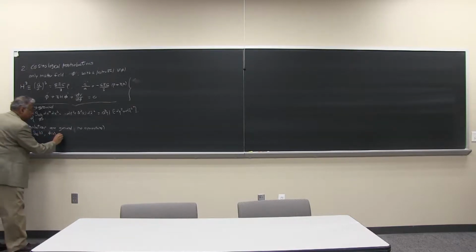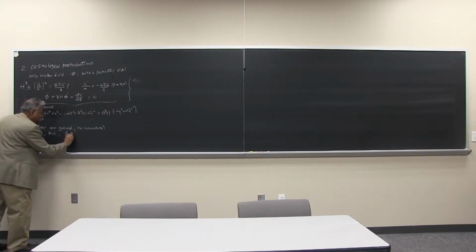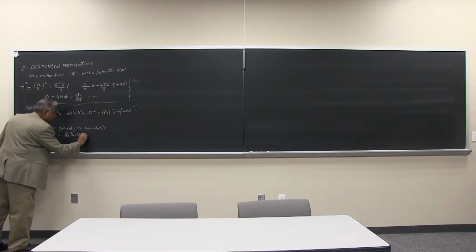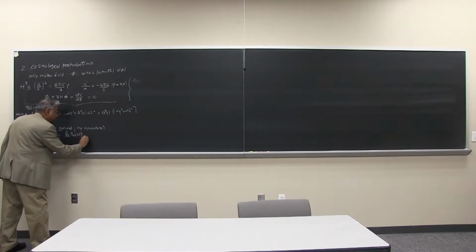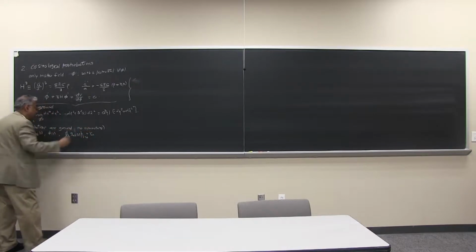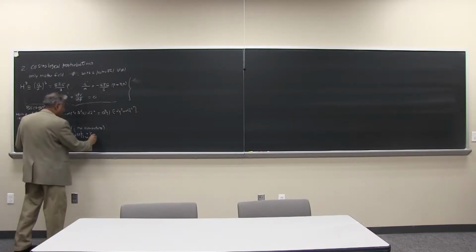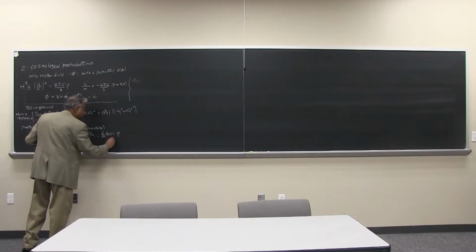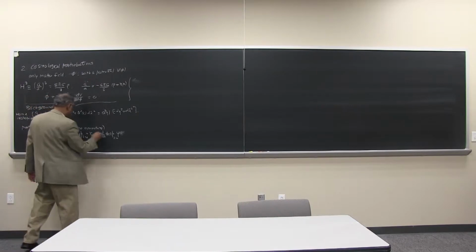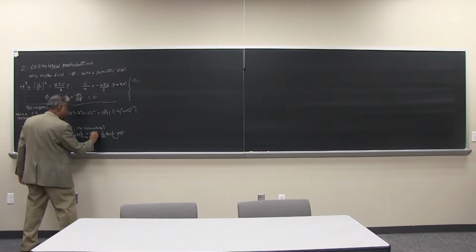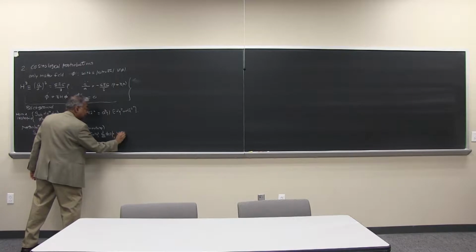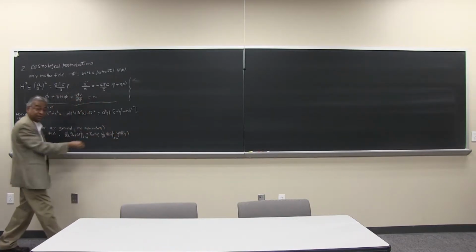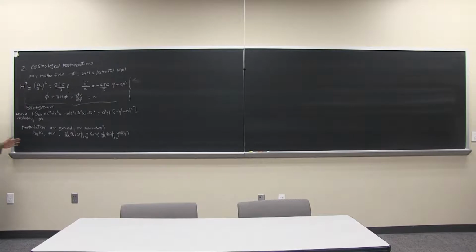Then we can just do linearization: d by d lambda of g ab of lambda at lambda equal to 0 is something that we call gamma ab, and similarly d by d lambda of phi of lambda at lambda equal to 0 is this phi up here. And this phi and this gamma depend on both x and eta. These are not homogeneous and isotropic, these are just general fluctuations.